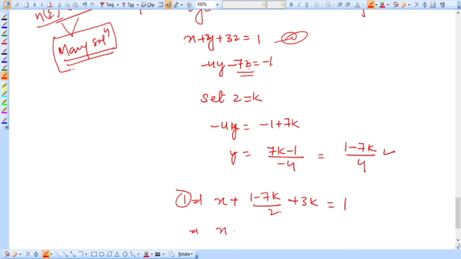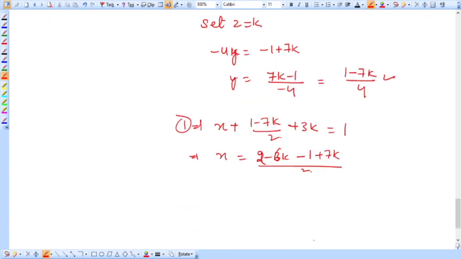Now simplifying this, we get x is equal to 1 minus 3k minus 1 plus 7k, and taking the LCM, it becomes 2, it becomes 6 and divided by 2, right? So after solving this, we get x is equal to k plus 1 divided by 2.